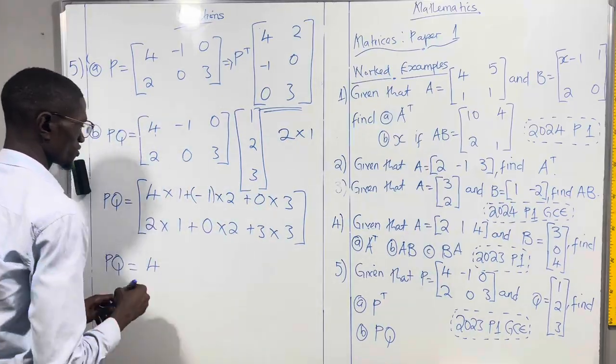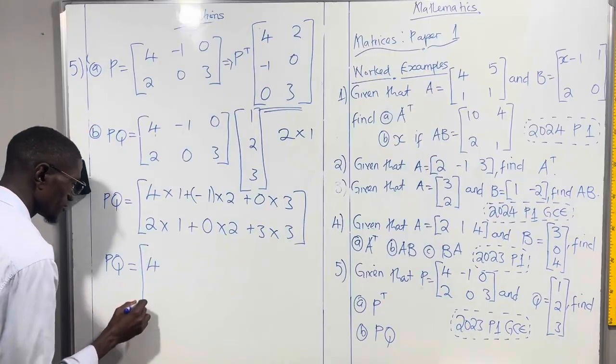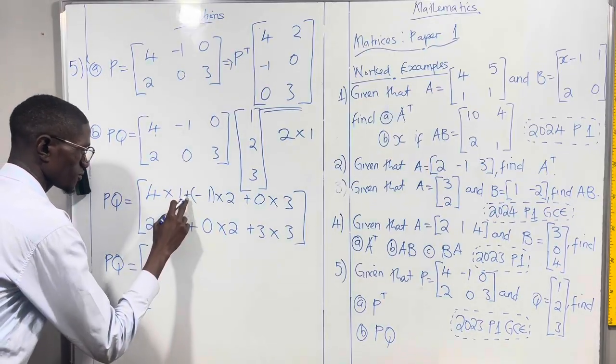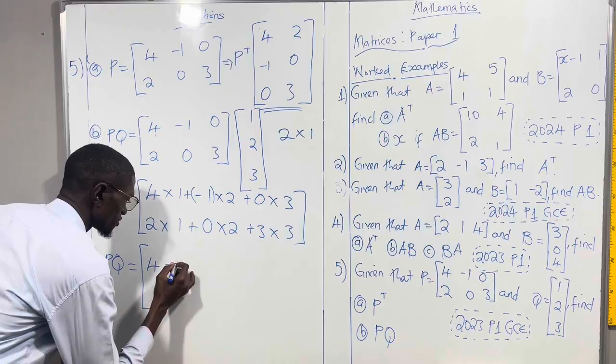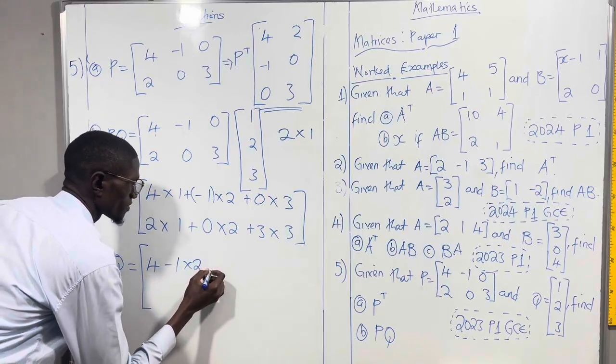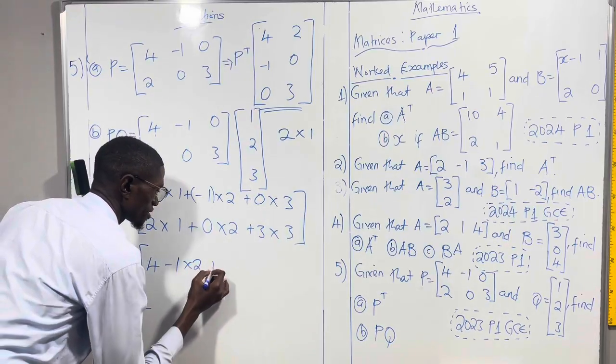We can now simplify. 4 times 1 there will give us a 4. Negative 1 times 2 is negative 2. Plus 0 times 3 is 0.